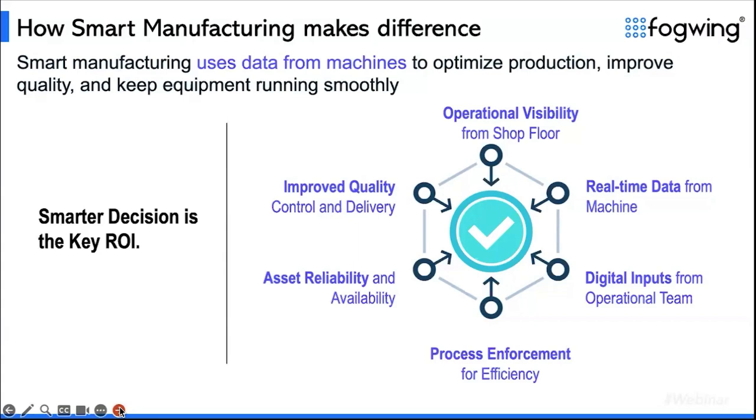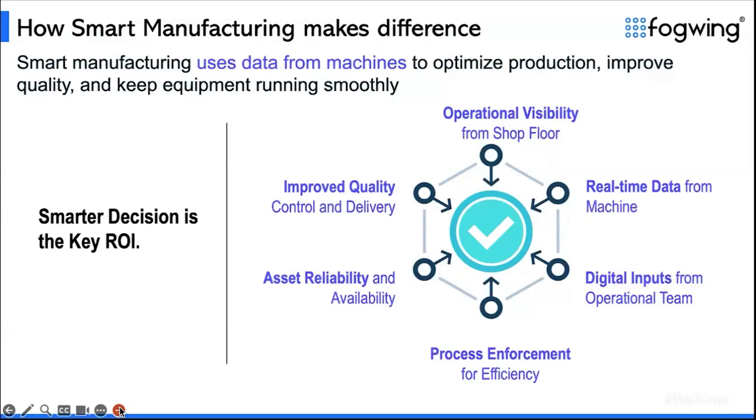So the key ROI from adopting smart manufacturing, or applying the smart manufacturing process or initiative in the organization, is that it helps to make smart decisions. That's the key ROI. All the other things, cost cutting, higher productivity, more production, are side effects of that. They are additional KPIs.